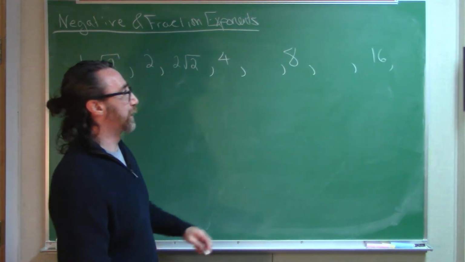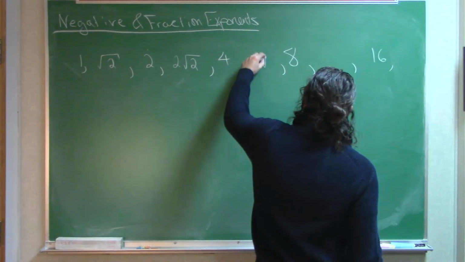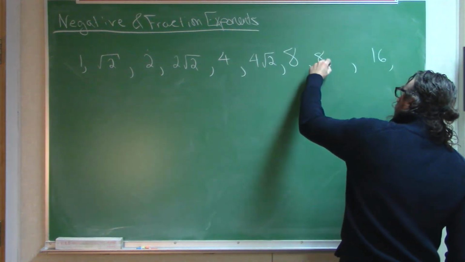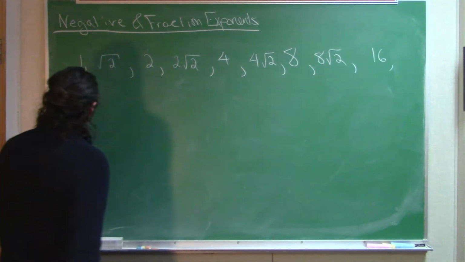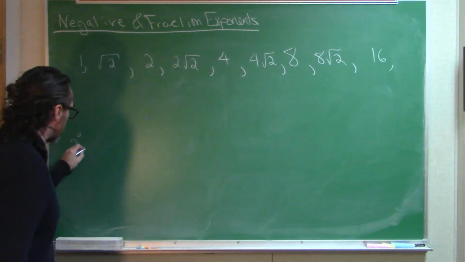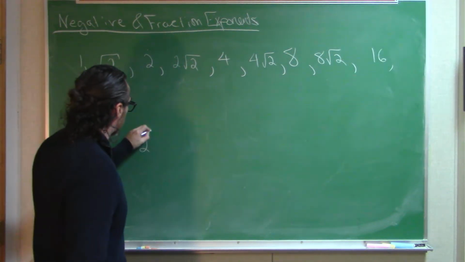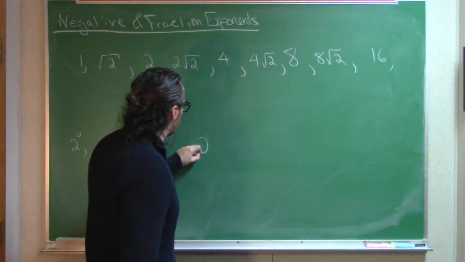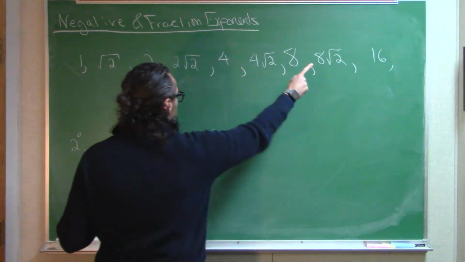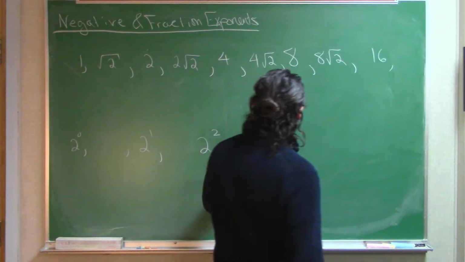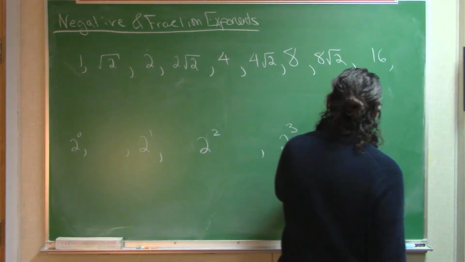So that's what I was doing in the background there. Now, we know from what we just discussed that these terms, 1, 2, 4, 8, 16, are all powers of 2.